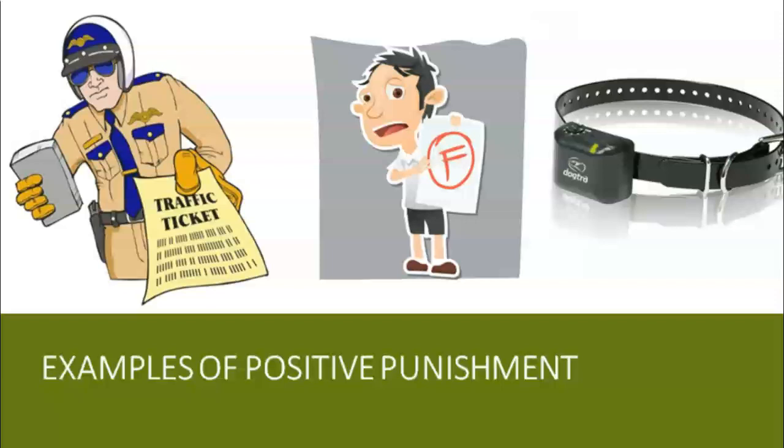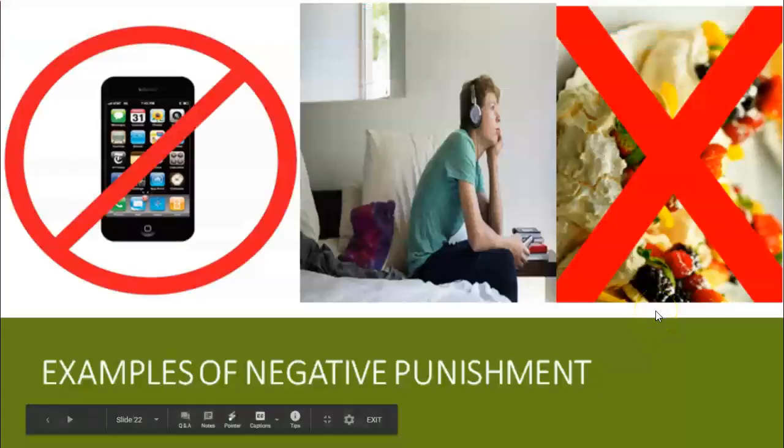So if the dog is barking too much, it buzzes them when they bark. Or if they go out of bounds, it buzzes them as a positive punishment. It's giving them a shock.